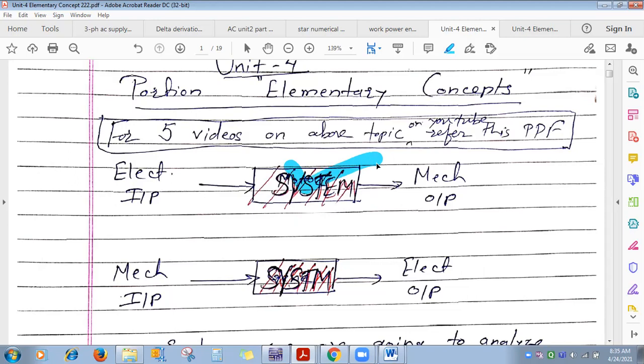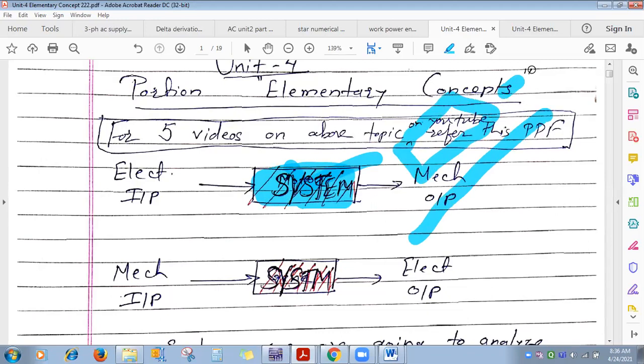Electrical input, mechanical output. You can consider here the example of a motor pump assembly, lift, any vehicle, suppose like this vehicle moving on this road in upward direction carrying some load. Suppose this is the road, it is having some slope and this vehicle is moving on it.